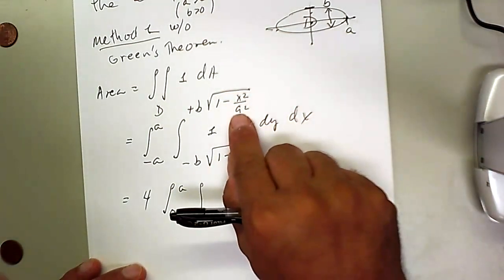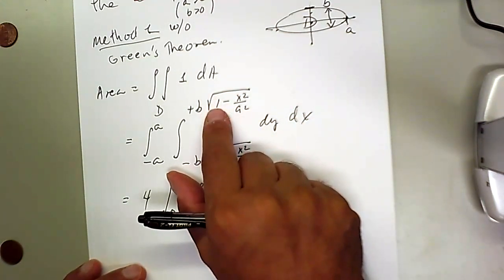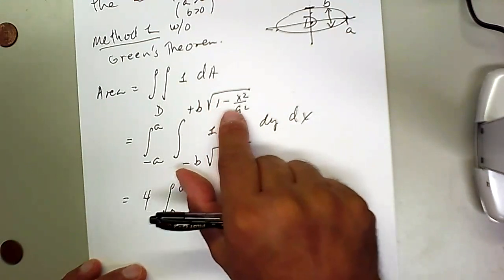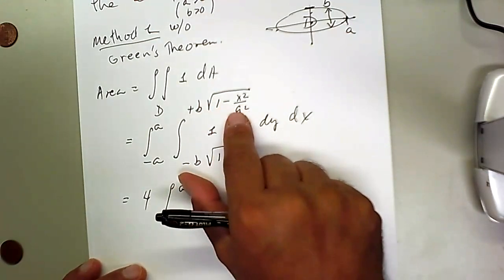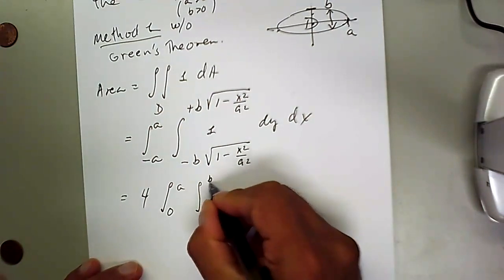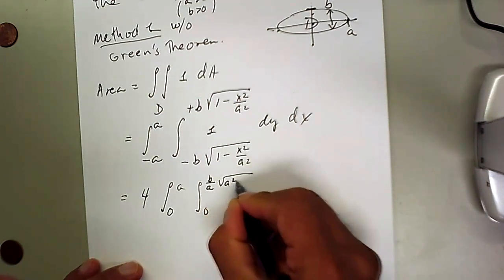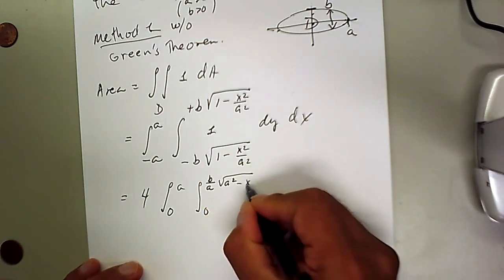And one thing I'm going to do, I'm going to write this as a squared over a squared in the root. Then we have a common denominator, which will be a squared, which can be factored out. So the upper limit here is going to be b over a square root of a squared minus x squared.